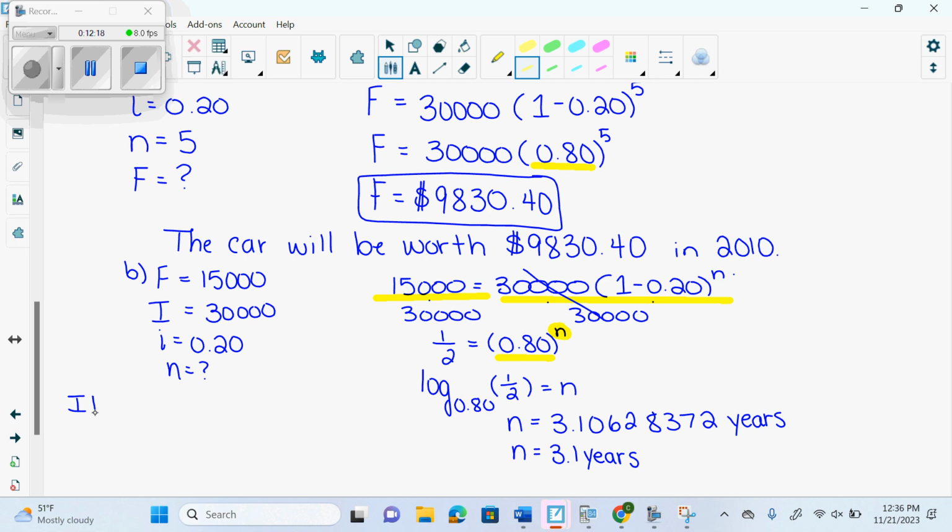So it will take the car 3.1 years to what? To be half of its original value. So always write the whole thing out. The saddest thing is if your sentence is poor and they take off marks. Okay, we don't want that.